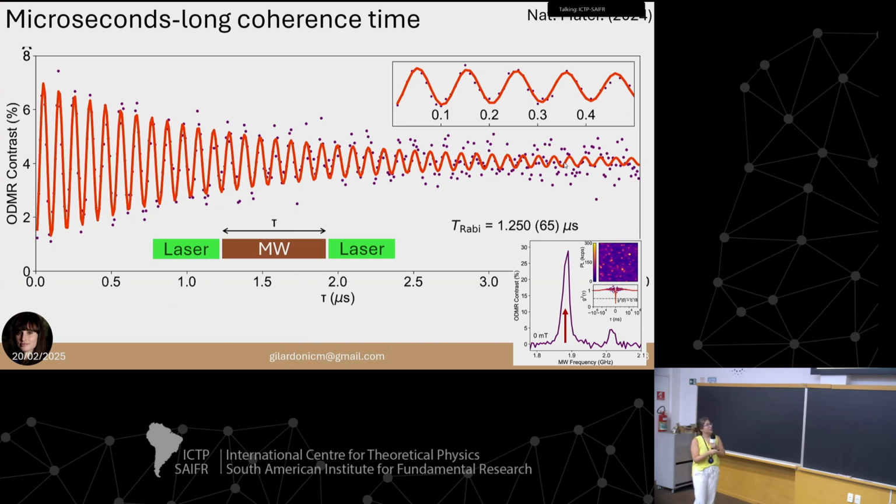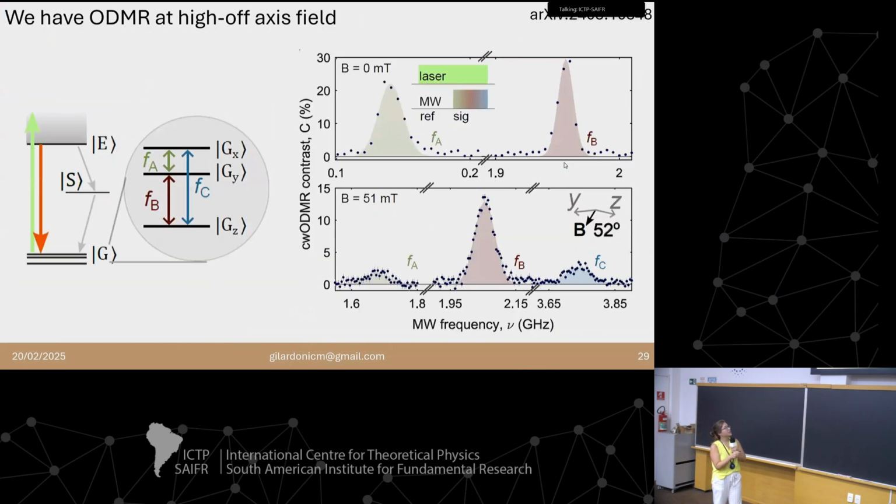In addition to this, these are low symmetry systems, and because of that, they have a more robust magnetic resonance signature, right? So this is an ODMR spectrum. Now you're looking at contrast versus the frequency of microwaves that we're applying. And you can see these two resonances at zero field. That's this one and that one.